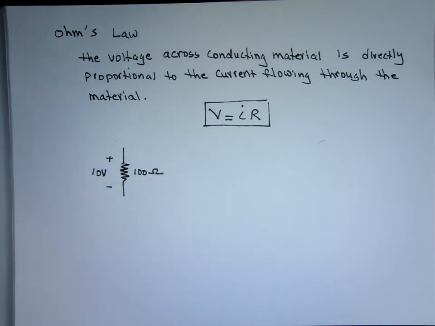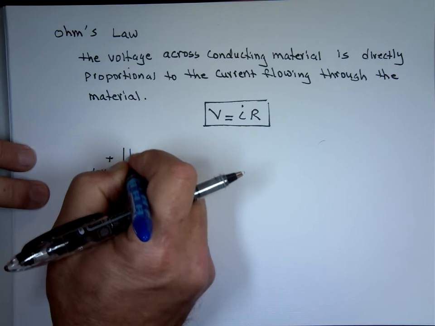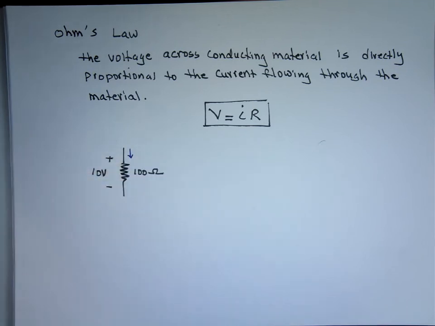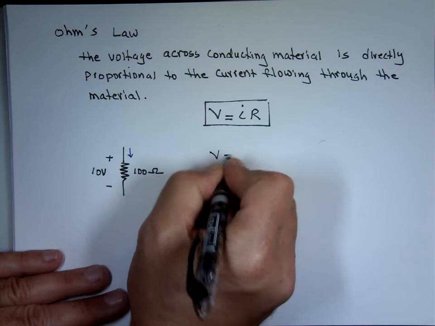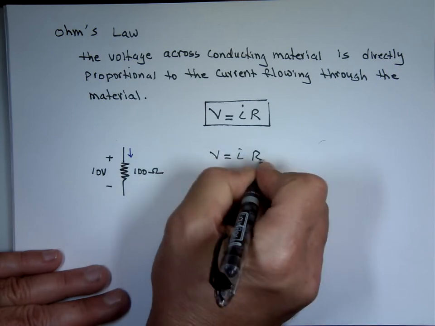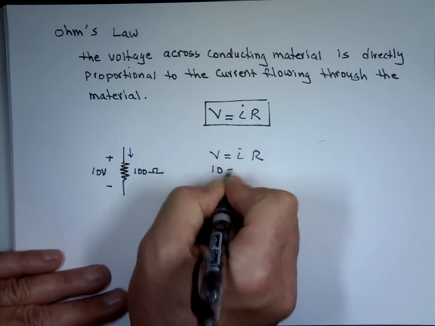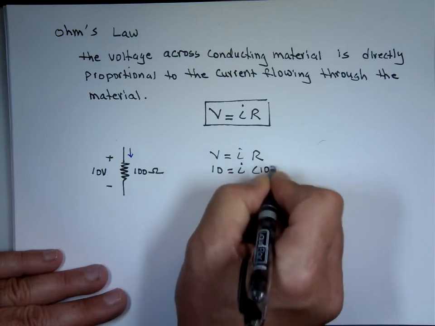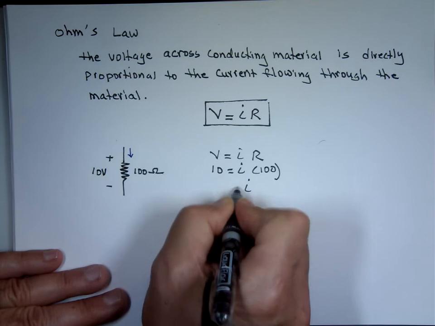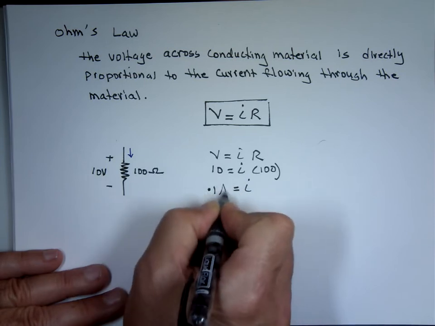There will be a current going through that, and the current goes through a resistor from plus to minus, just like the water goes from high ground to low ground. So the voltage using Ohm's law, V equals I times R. V is 10, I is unknown, I'm looking for it, and the resistor is 100. So I equals what? 0.1 amp.